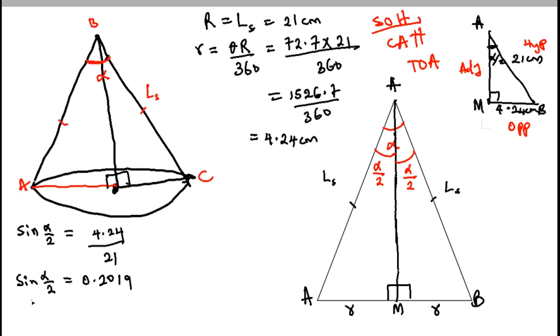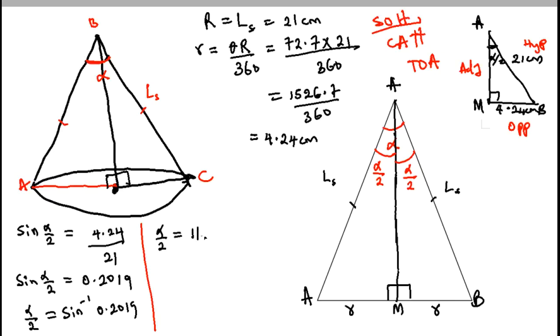We're not moving it in the actual sense, but if sine goes to the other side, we have only alpha over 2 left, equal to the sine inverse of 0.2019.